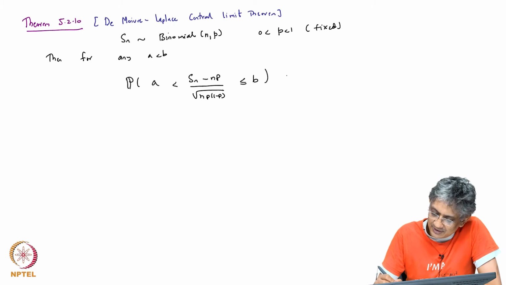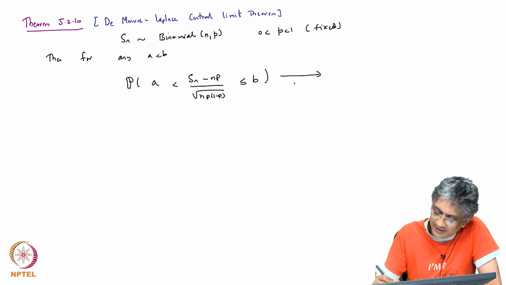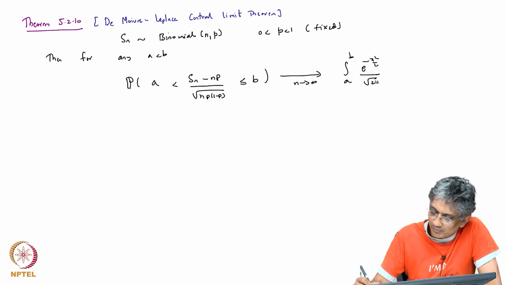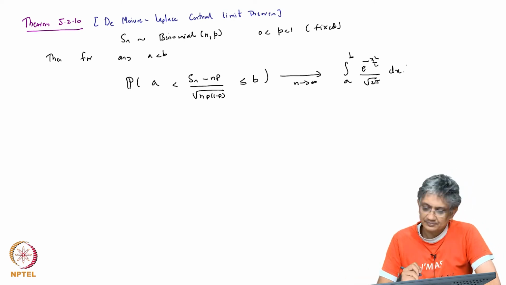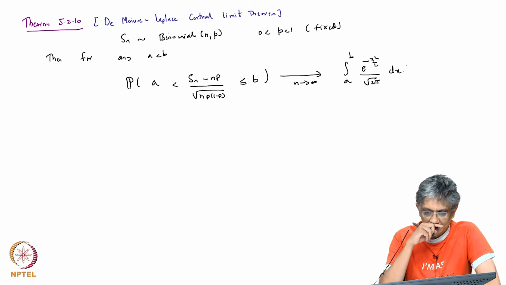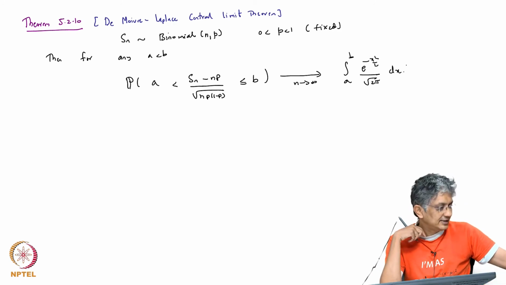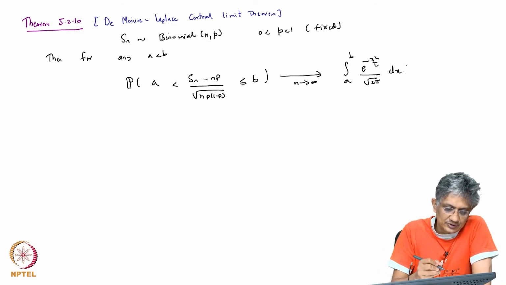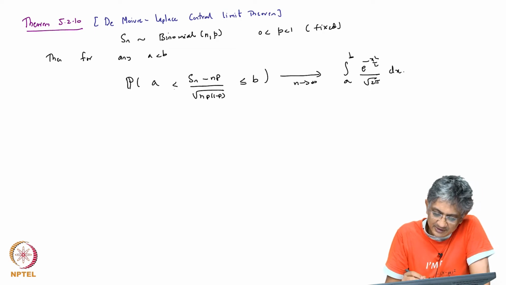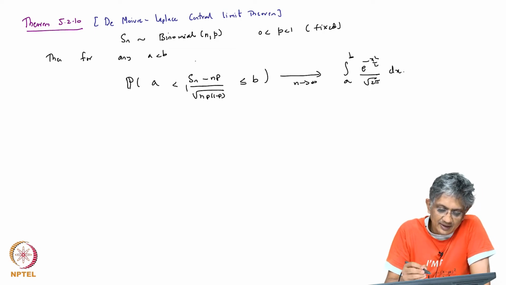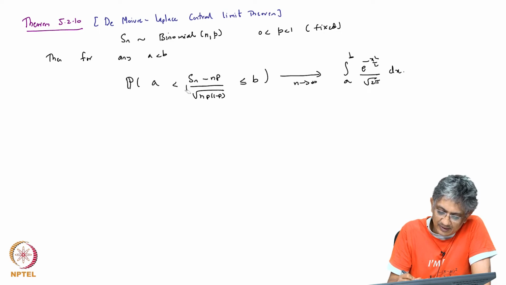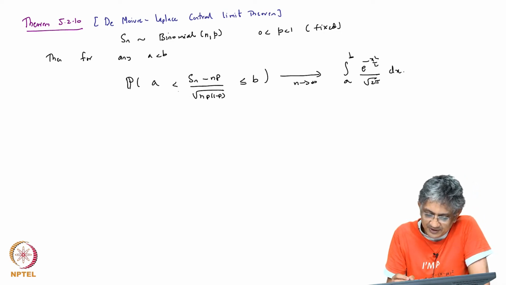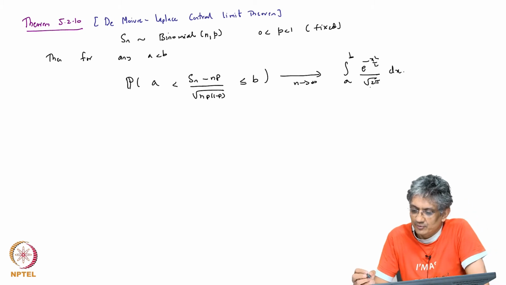This converges as n goes to infinity to an integral from a to b of e to the minus x squared by 2 over root 2 pi dx. So it's a very powerful result. It tells you that the probability that Sn minus Np divided by the standard deviation is between a and b converges to the integral a to b of this function.